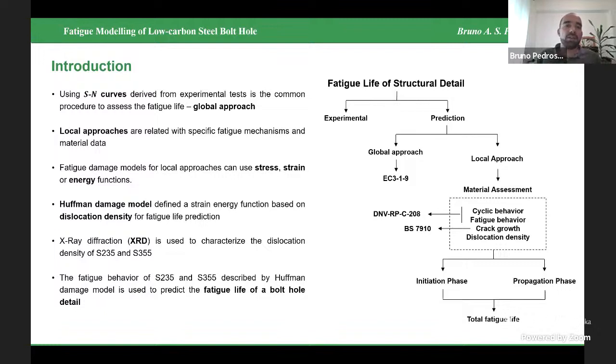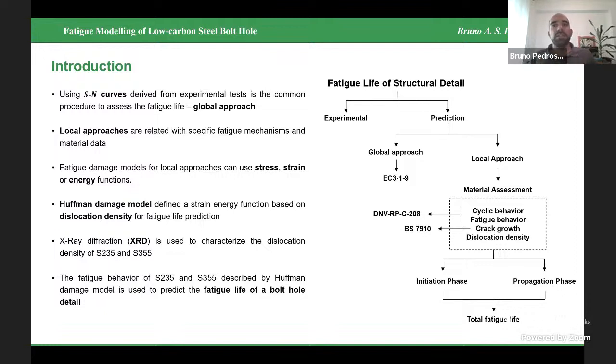On the other hand, local approaches rely on specific fatigue mechanisms and material data. There are several damage formulations considering either local stresses, strains, or energy functions. And recently, Huffman proposed a damage model that relies on the dislocation density for fatigue life predictions.